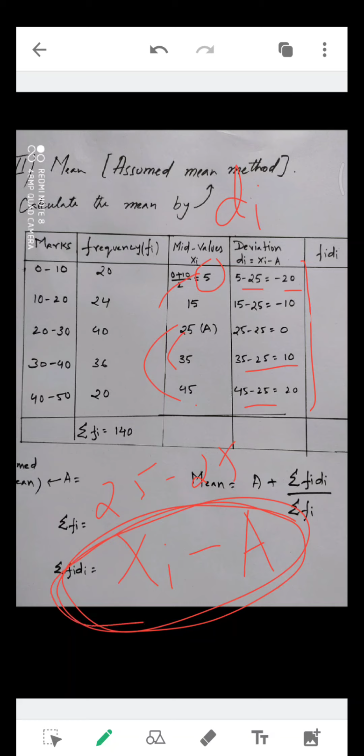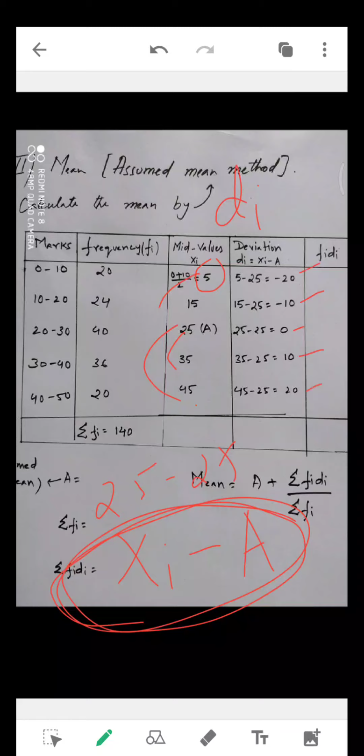This way you will get the deviation values. So we got the values of deviation as 0, minus 10, minus 20, and when you go down it's 10 and 20.